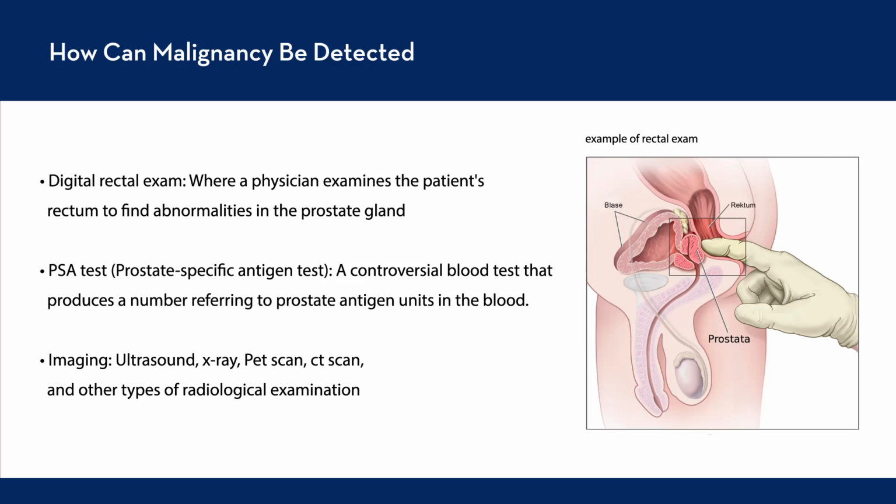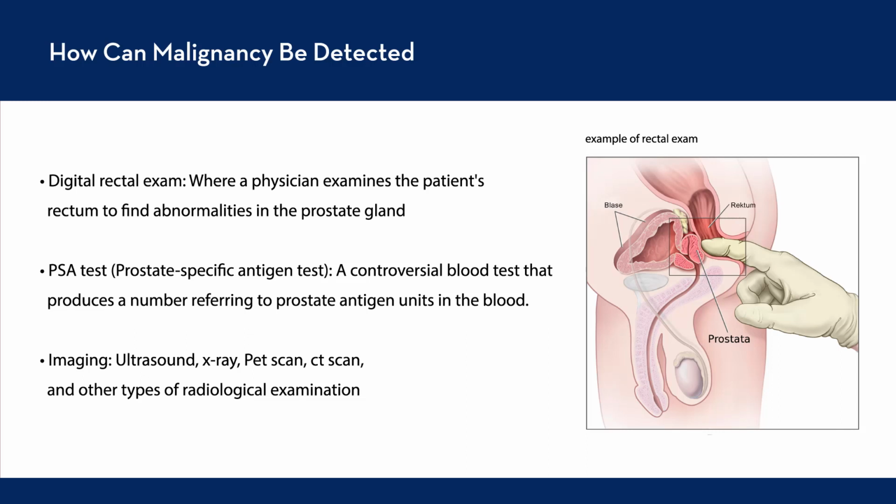So consequently, the test is not particularly specific, and it has led to some concerns that it may lead to unnecessary biopsies and potential problems for men that don't actually have prostate cancer. It may also be elevated in prostate cancer that is low grade and non-life-threatening. Consequently, PSA could be a problematic test.